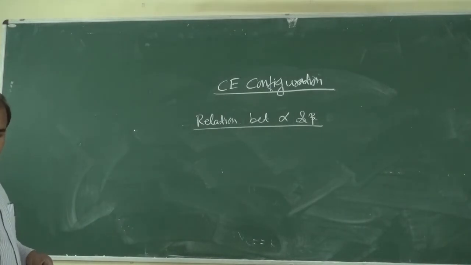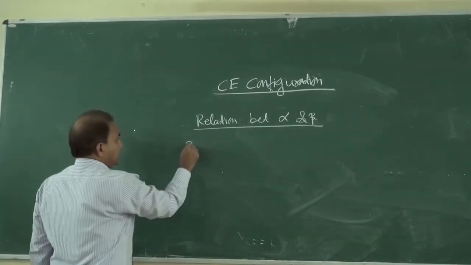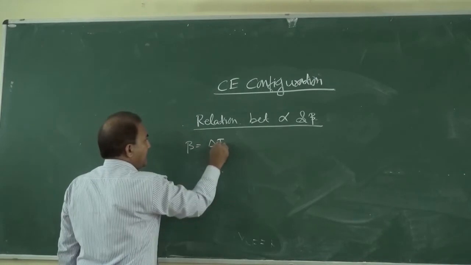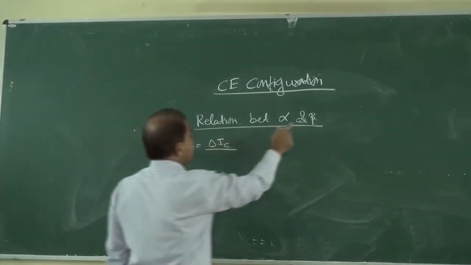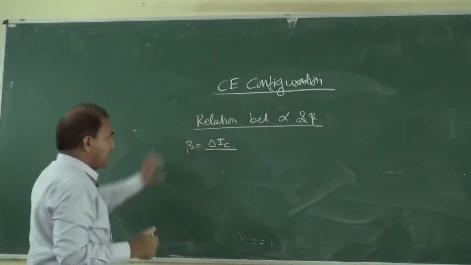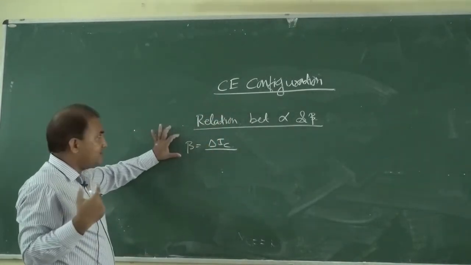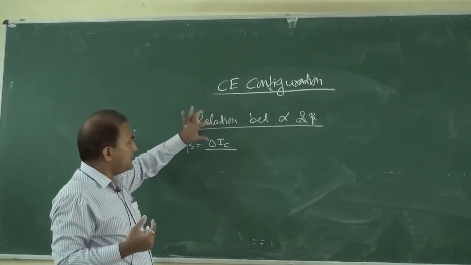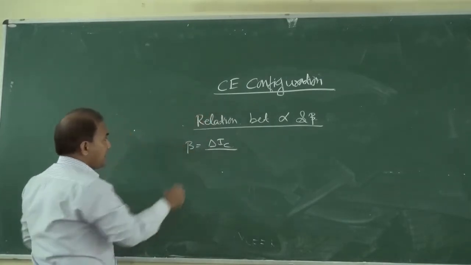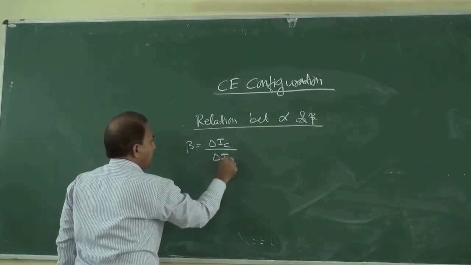Now, how can we define beta? Beta is equal to del IC divided by del IB. This is the current amplification factor in case of common emitter configuration.